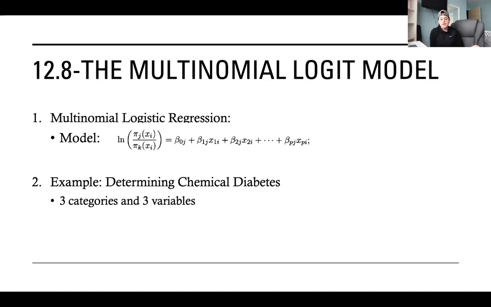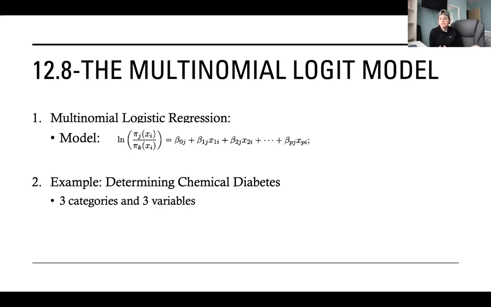We're going to have n independent observations, p explanatory variables, and k categories. First, we're going to take a category at base level, and we're going to have pi sub j equal to our multinomial probability of an observation falling in the jth category.